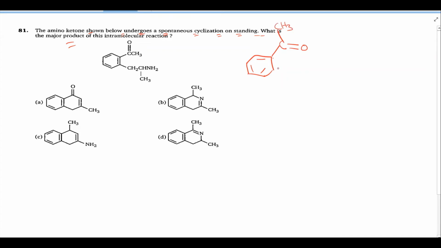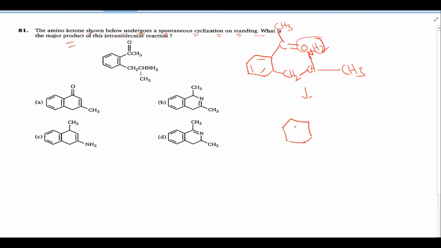I am writing it like this for my convenience. So CH2, CH, and here NH2 is there. I'm sorry, this is down: there is a CH3, and here NH2 is there. What part is eliminating? Water is eliminating. Then C double bond is directly connected to the nitrogen.